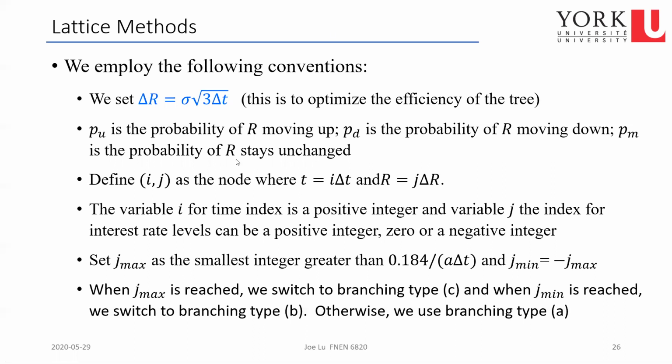The variable i for the time index is a positive integer, but j can be positive if it's going up, 0, which is unchanged, or negative, which means it's going down. But they're all integers.